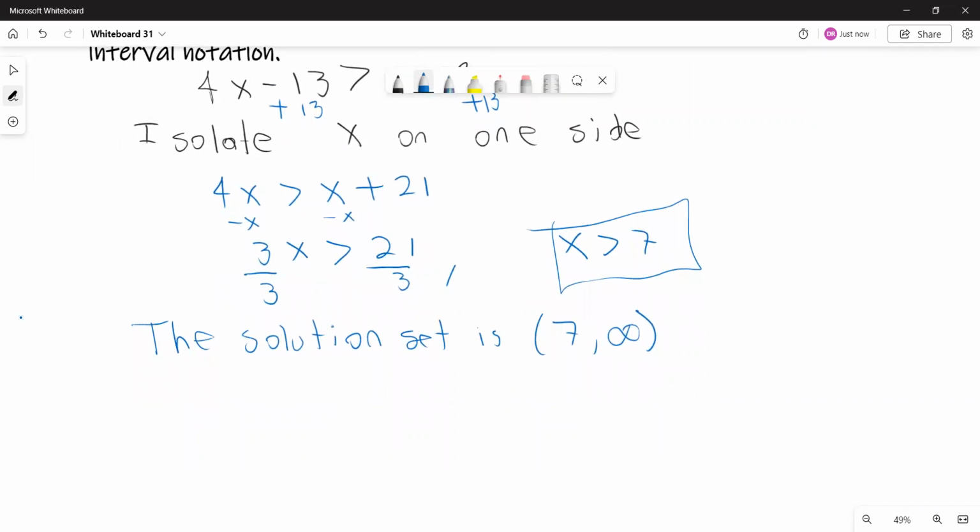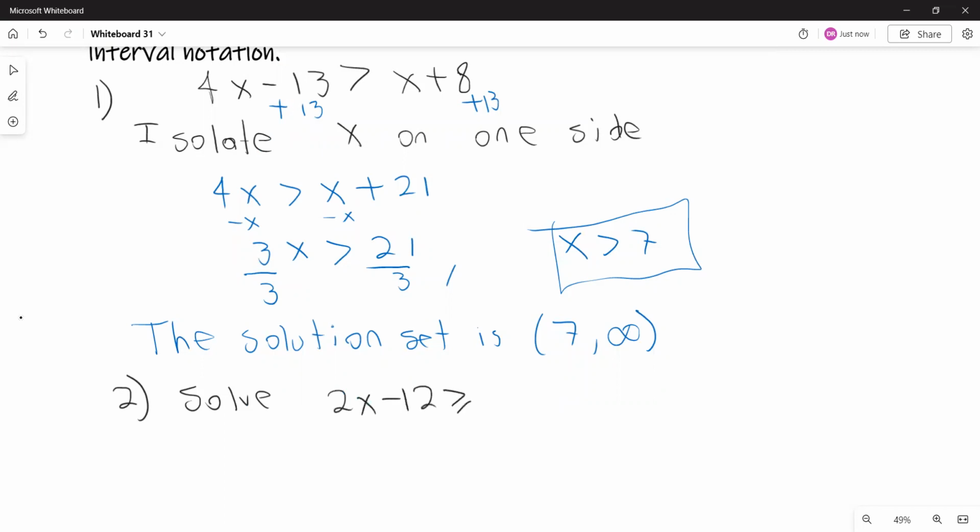So this was example 1. Example 2. We are going to solve the inequality 2x minus 12 greater than or equal to 6x minus 14.